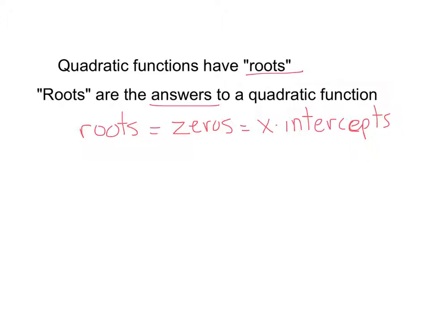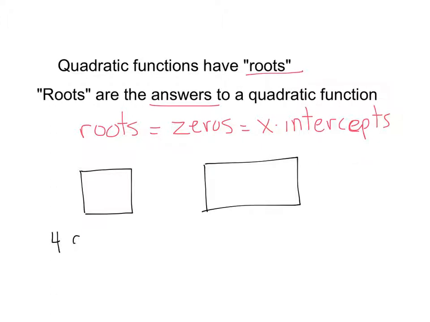Think about it like this. Imagine you have a square, and then you have a rectangle. What is it that defines a square and a rectangle? For example, a square has 4 90-degree angles. Okay, what about a rectangle? Well, a rectangle also has 4 90-degree angles.